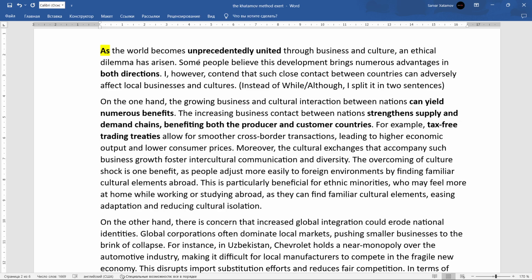And another of my signature moves is I like using complex noun clauses, right? Why? Instead of using just basic sentences or verb structures, using noun clauses is way more efficient.